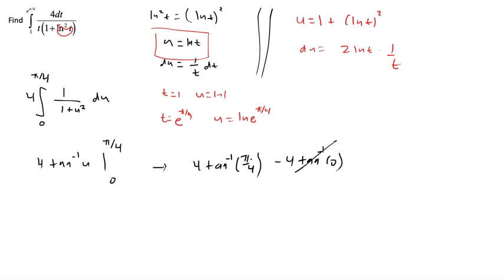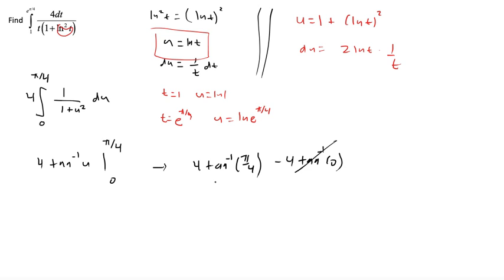You've got to be careful with this one, though. Because this is asking where does tangent equal 4, which in radians we don't know. This answer is not equal to pi over 4. A lot of students will make that mistake.